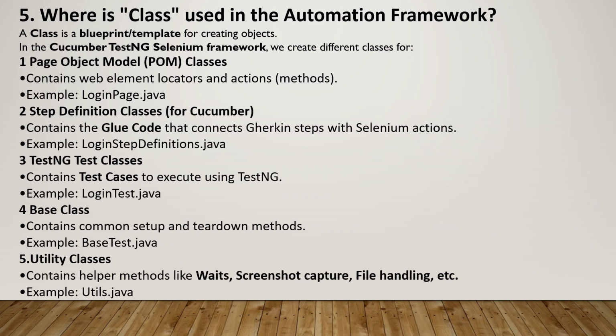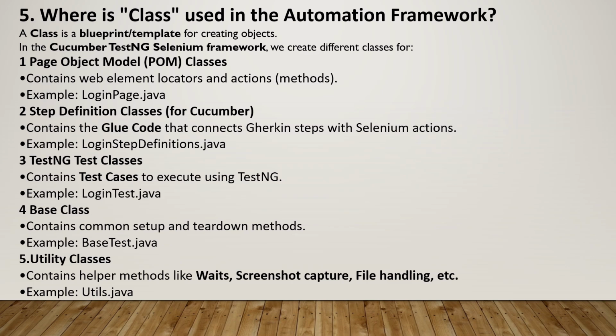Then fourth, base class contains common setup and tear down methods. Example, BaseTest.java class. Then fifth, utility classes contain helper method like waits, screenshot capture, file handling, etc. Example, Utils.java class. So in this way we are defining the different classes in our automation framework.